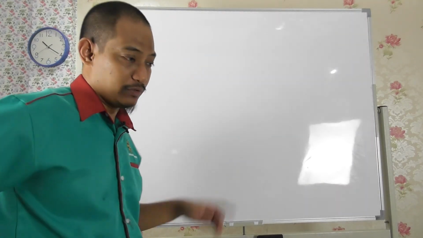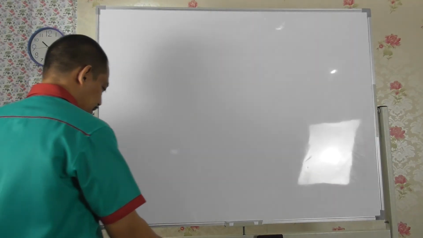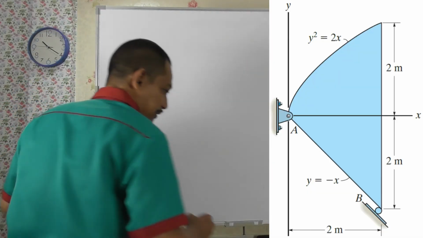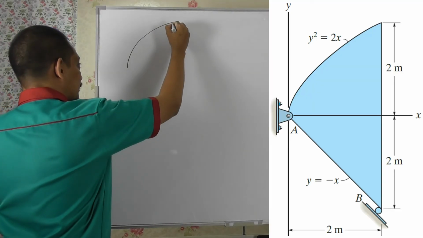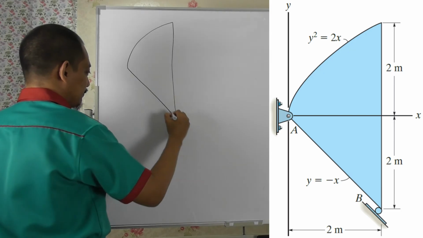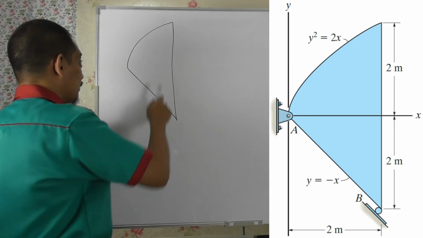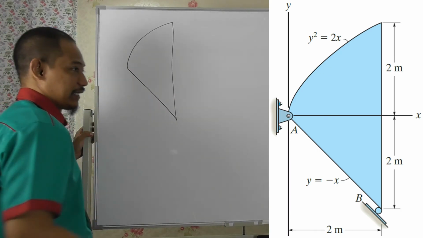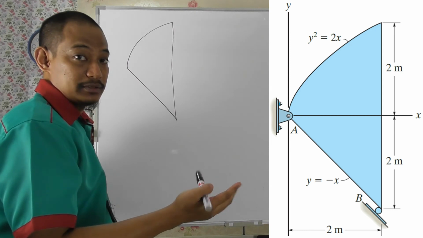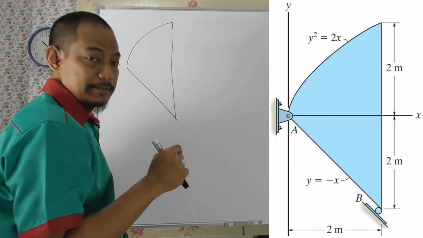So basically, if you look at the question, it is based on this shape. You have on the top side something like that, and on the bottom side you have the triangle. Previously what we did is we took a vertical element throughout, and then we integrated from the beginning until the end, and we got the answer in terms of determining the center of mass.